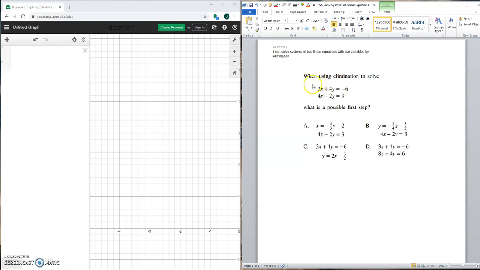Let's say you want to eliminate the x, you want to make this 3 and 4 be the same. For you to be able to do that, I will have to multiply 3 by 4 and multiply 4 by 3, making them become a 12. Whatever you do on this term will have to be applied to all the terms. If you multiply this by 4, you multiply all these by 4. If you multiply this by 3, you multiply all these by 3.